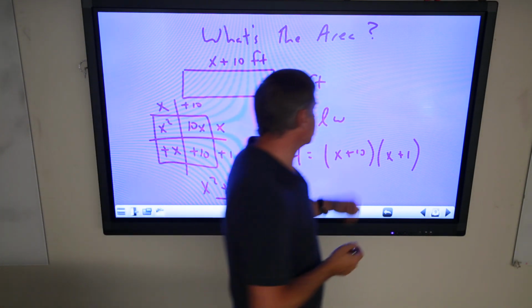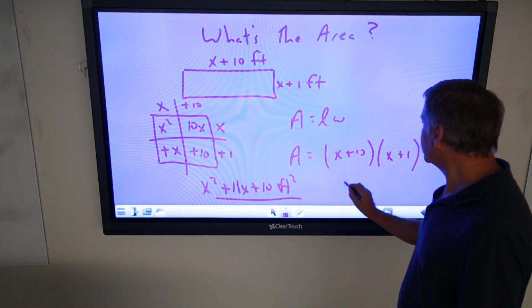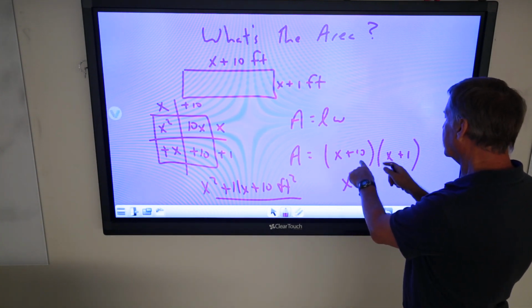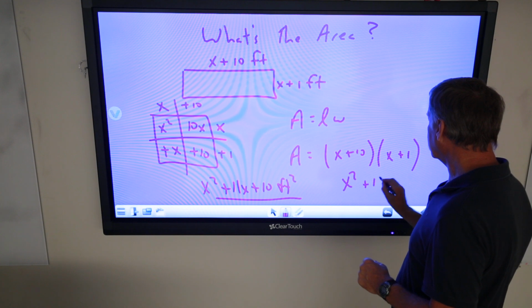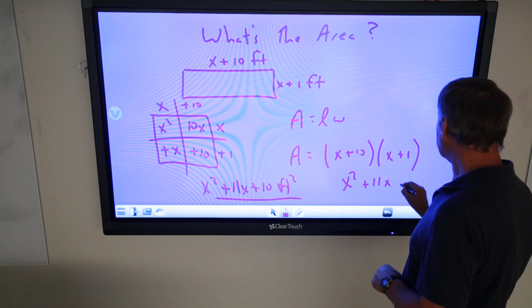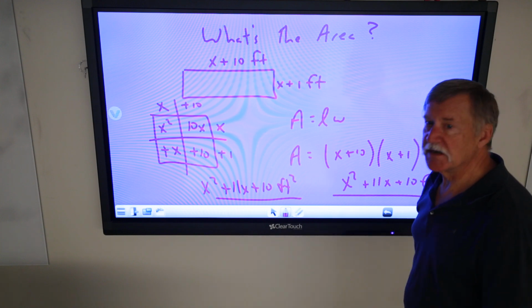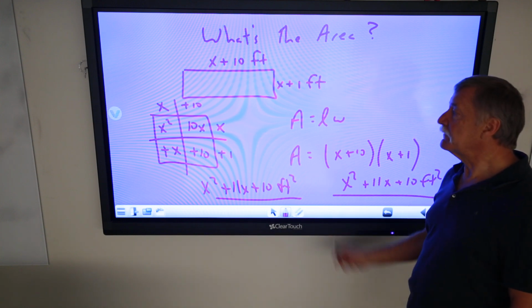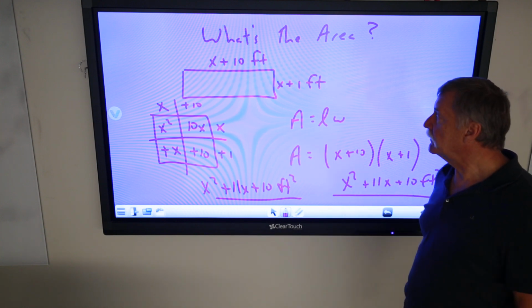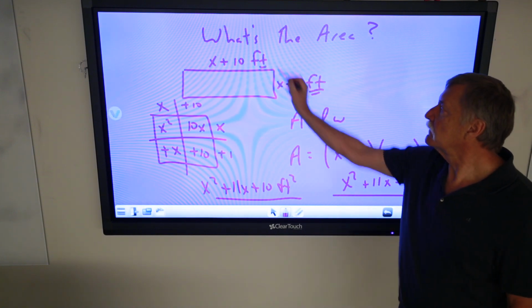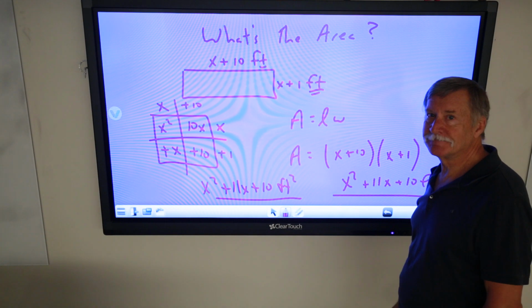If I look at this and FOIL it, I go first times first, x squared, outer 1x, inner 10x, 1 plus 10 plus 11x, 10 times 1 plus 10 square feet. What do you know? Same answer. But totally up to you how you want to do it. But if it gives you units in the problem, you better have units in your answer.